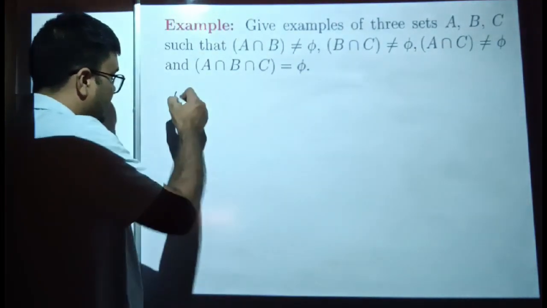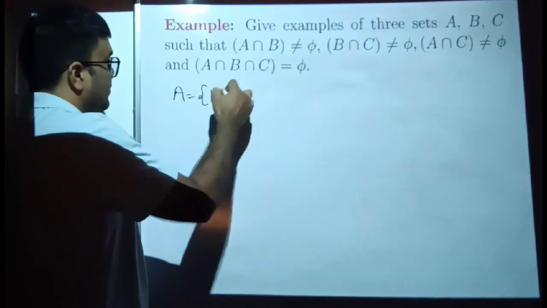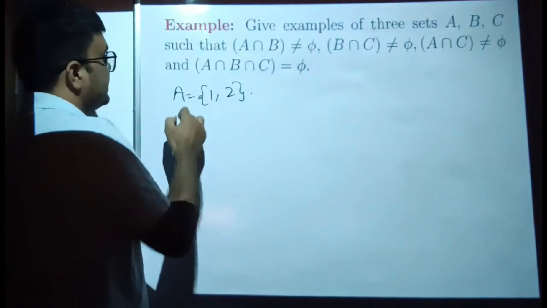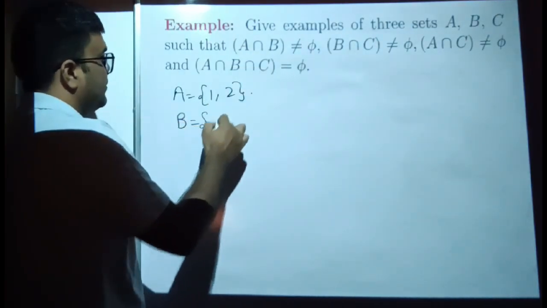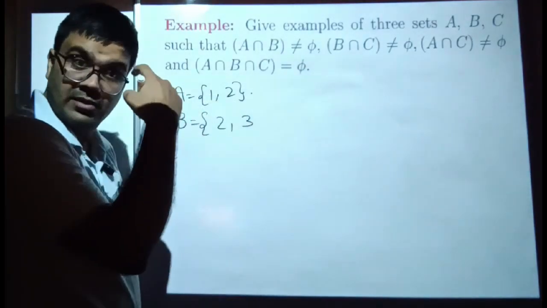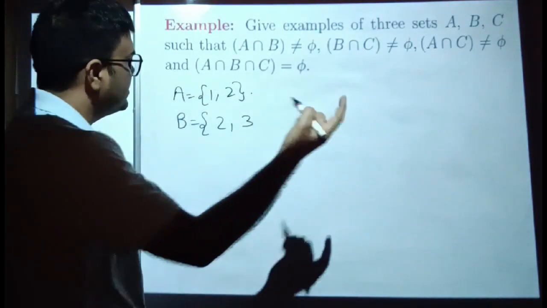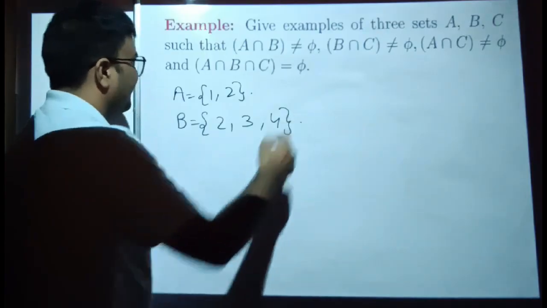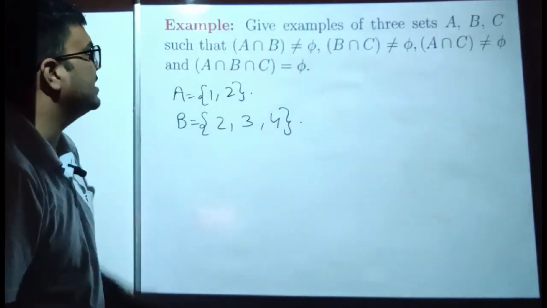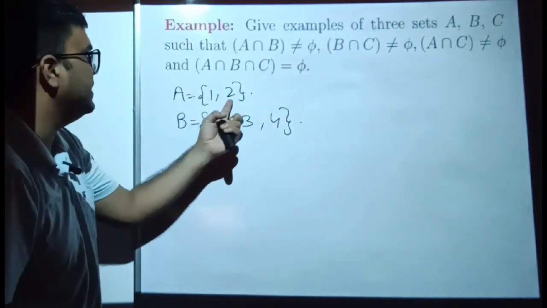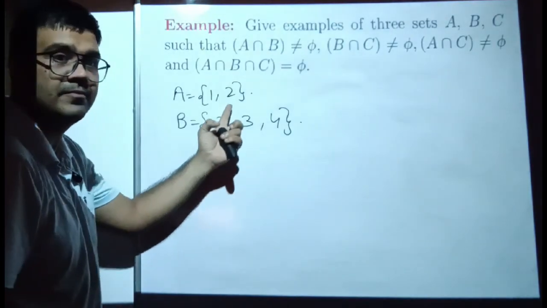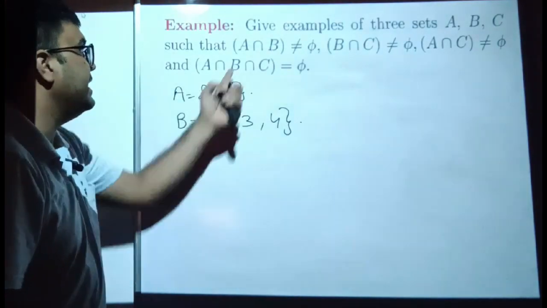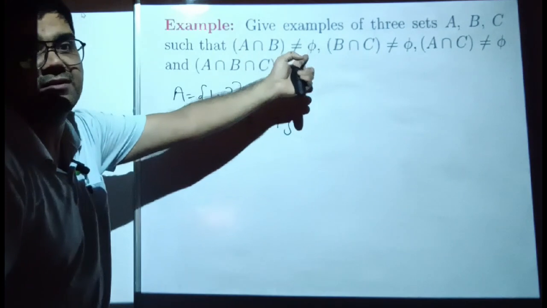Suppose A is the set 1, 2. We want A intersection B to not be phi. I am considering B as 2, 3, and suppose I write another element, 4. This is the set B. Clearly A intersection B has a common element 2. It means A intersection B is not phi.